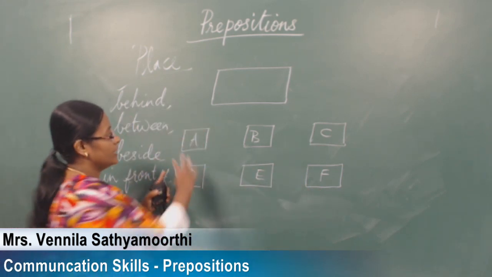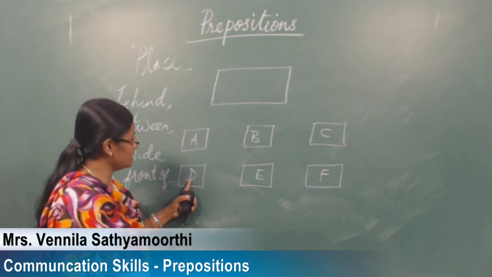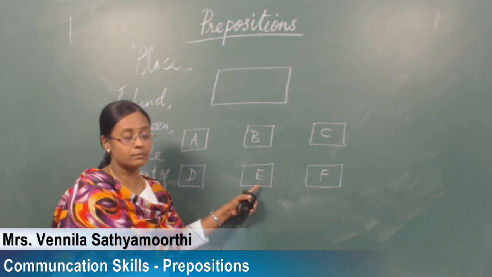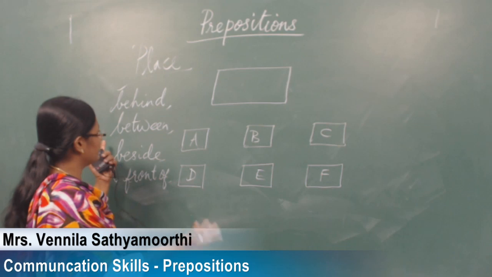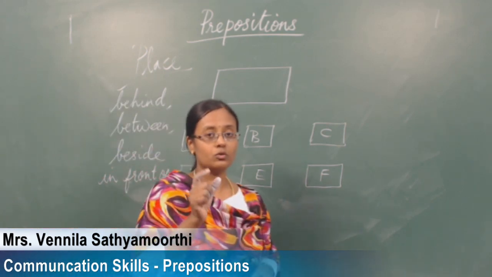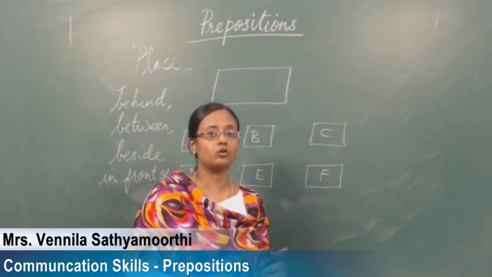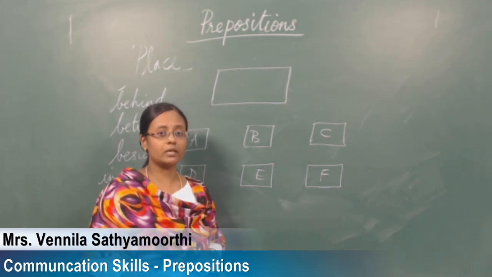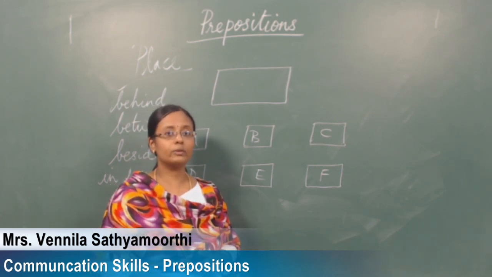Behind: now they are facing the board. So you say D is sitting behind A, at the back of. E is sitting behind B, F is sitting behind C. And between, we know very well, and I want you to use the right words. We discussed this in the very first session also under the topic common errors in English, how people generally tend to use the preposition "to" when they use between.